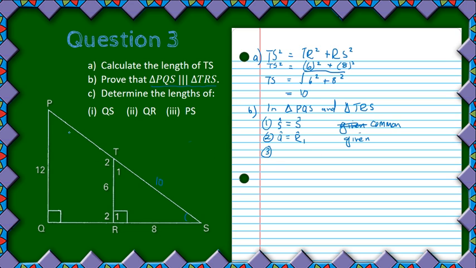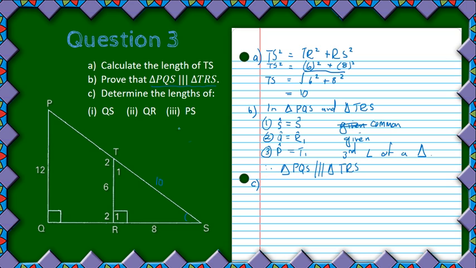And then we can say that angle P is equal to angle T, and the reason is it's the third angle of a triangle. Alright, and therefore triangle PQS is similar to triangle TRS.